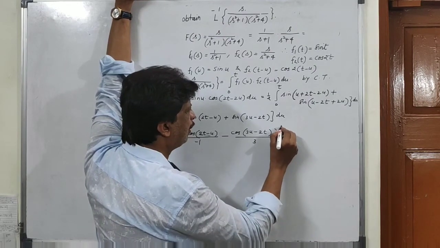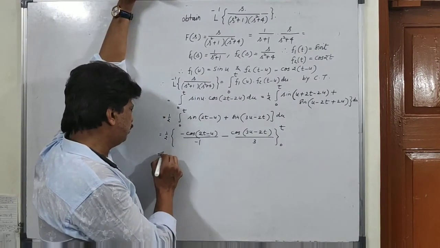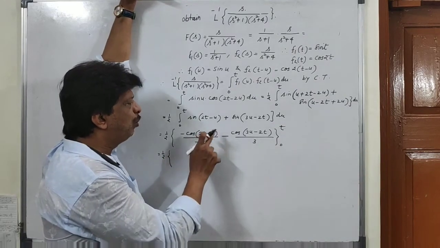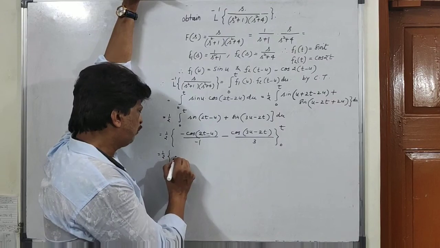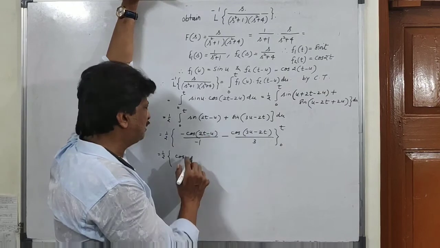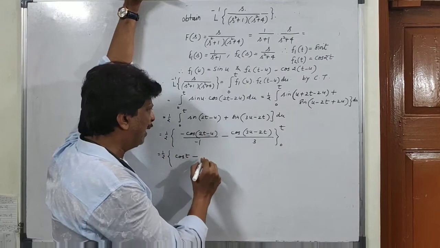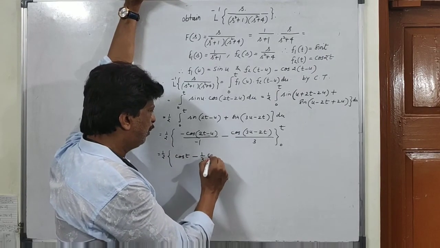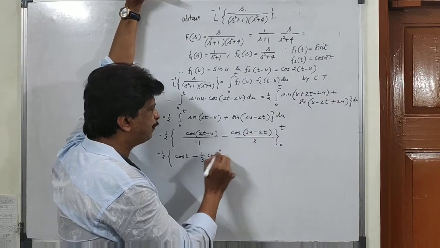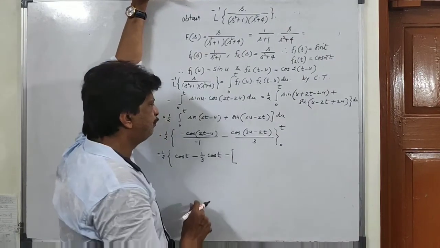Limits are 0 to t. So minus minus becomes plus. It is 1 by 2 times. Now put the limit of u equal to t. So it is cos of 2t minus t is cos of t, minus 1 by 3 cos of 3t minus 2t is t. This is the upper limit minus lower limit.